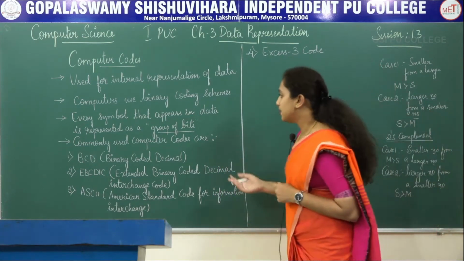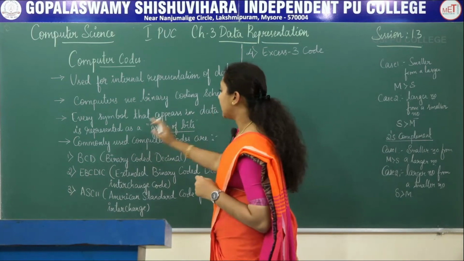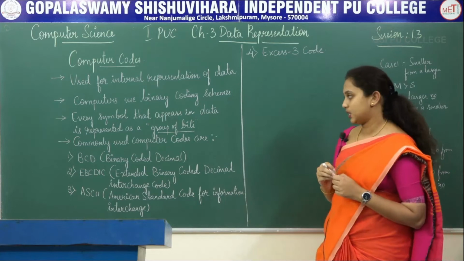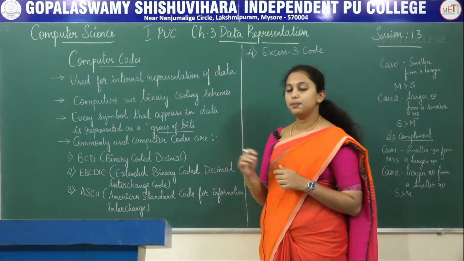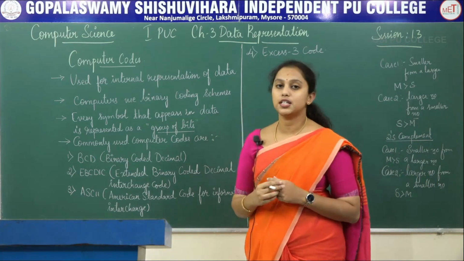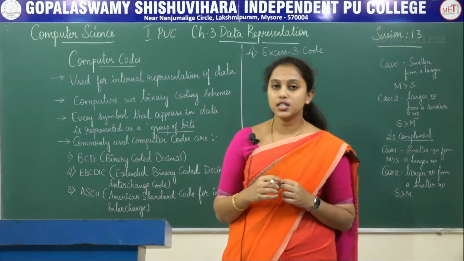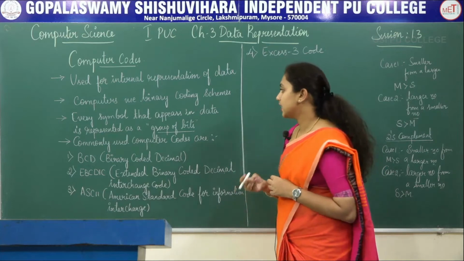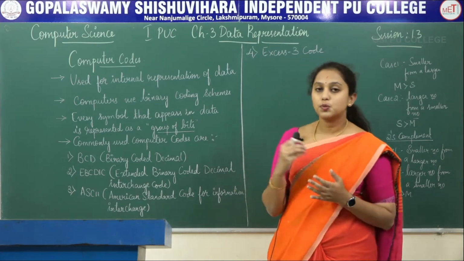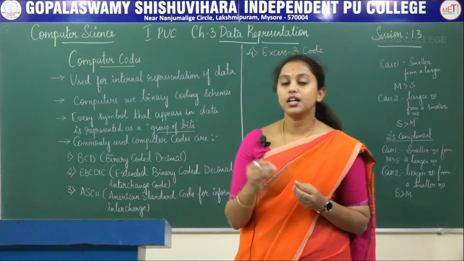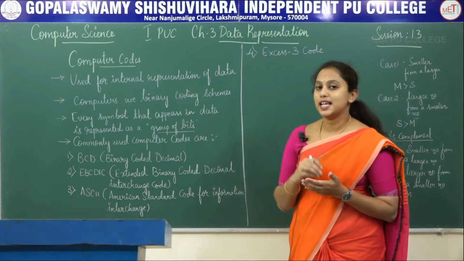Every symbol that appears in data is represented as a group of bits. Hence, in computers, we can represent characters, special symbols, or whatever symbols the user selects on the keyboard.